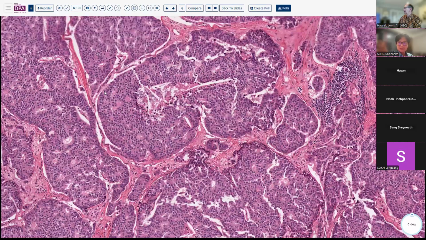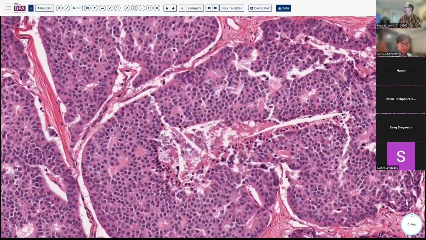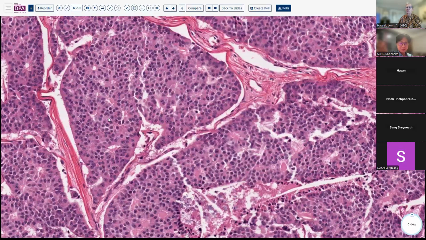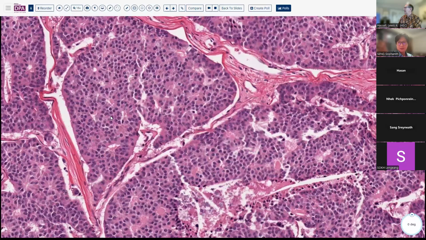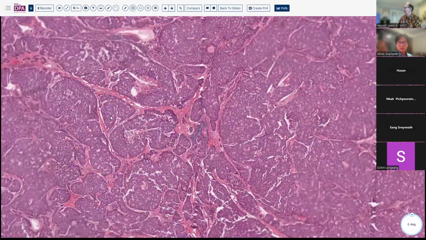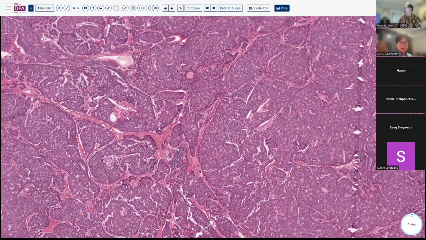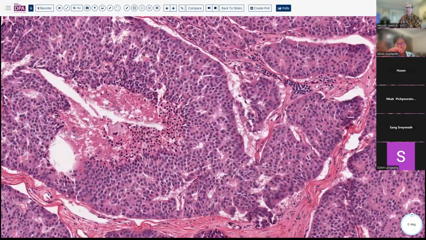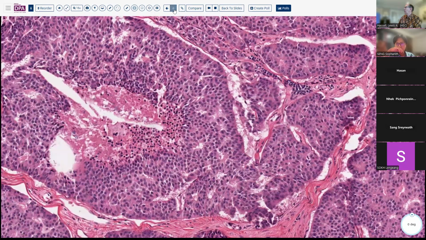No difficulty, of course, in recognizing this as a well-differentiated neuroendocrine tumor, which in the thymus, mediastinum is still called a carcinoid tumor. Atypical carcinoids are those with obviously more worrisome features, maybe areas of necrosis, maybe increased mitotic or Ki67 indices and so forth, that would move them into the atypical carcinoid category, or what we would term in other areas the well-differentiated tumors type grade 2 or grade 3.